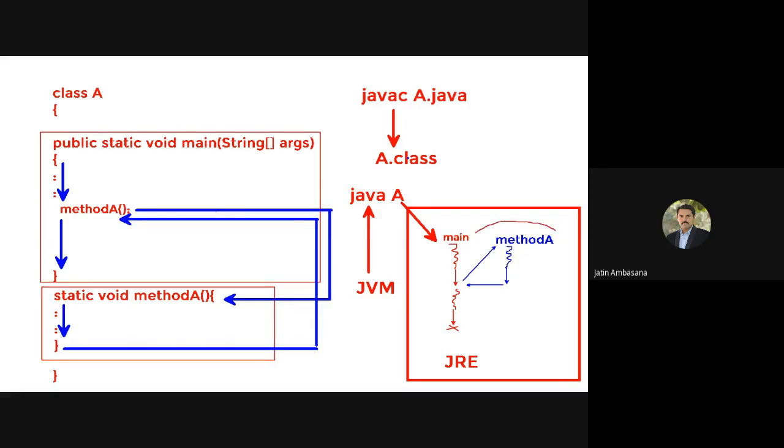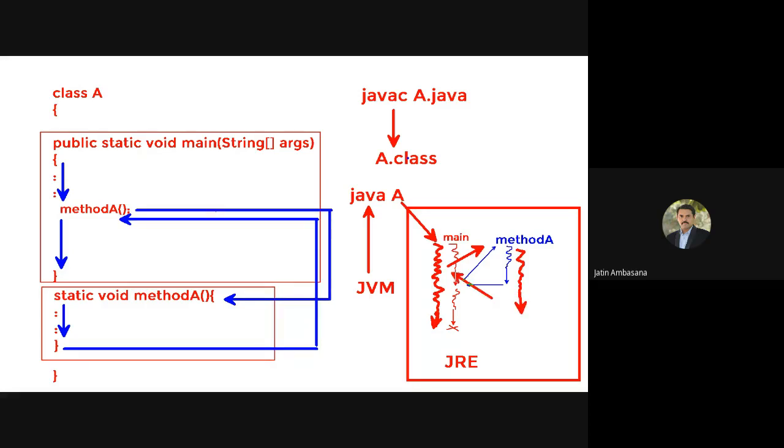But if we don't want this sequential execution, we might say that the main execution also happens, and parallelly the method A execution also happens.